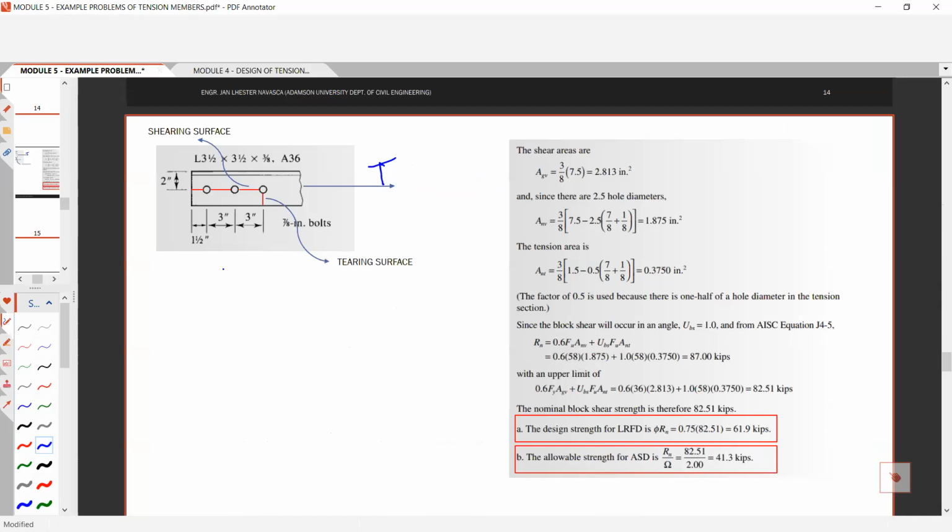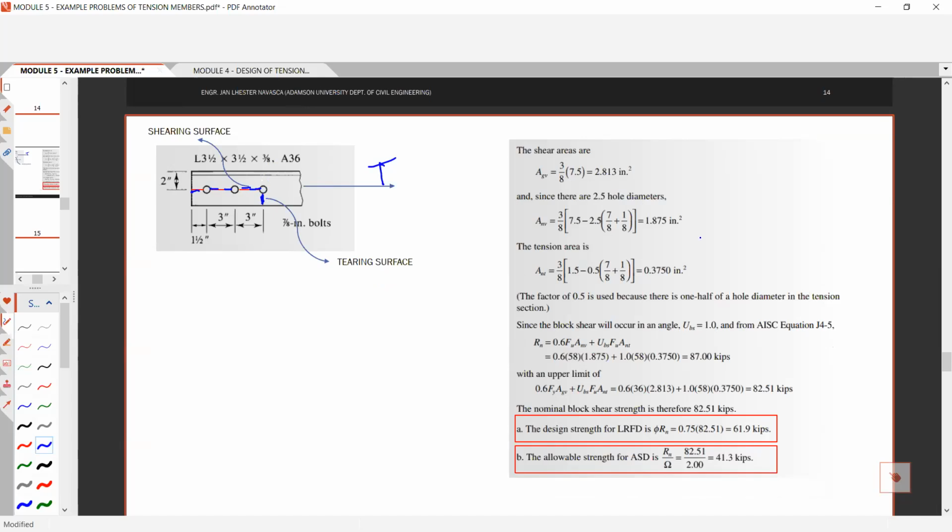That is a combination of shear and tension. So this one is your shearing area, and this one is your tension area. Again, if you recall what I have said about block shear, the tear out is at the middle of the bolts, this one.